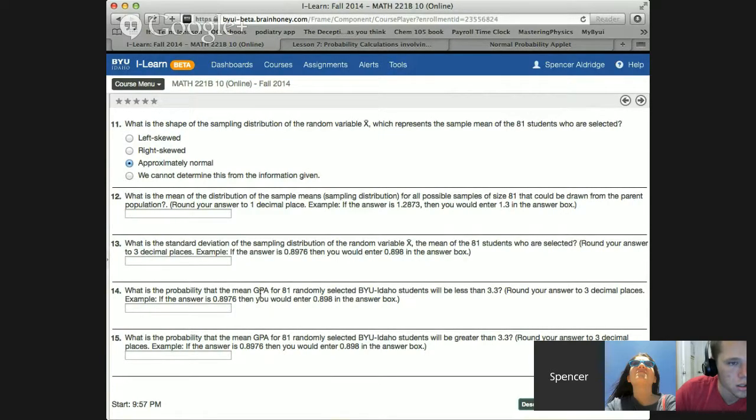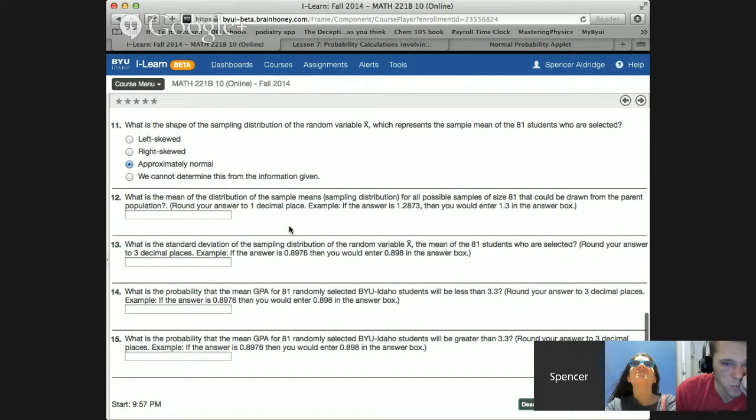What is the mean of the distribution of the sample means for all possible samples of size 81 that could be drawn from the parent population? So what is that asking for? I'm kind of confused.